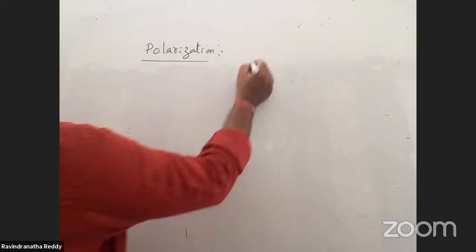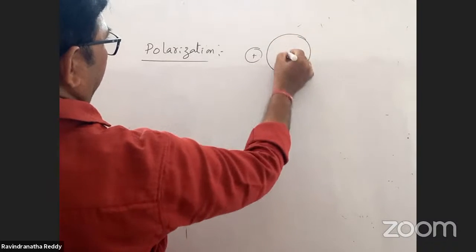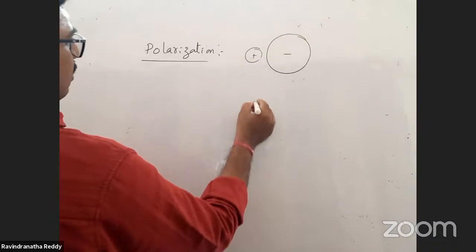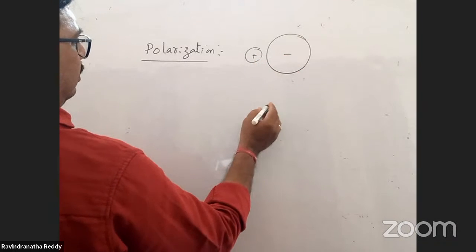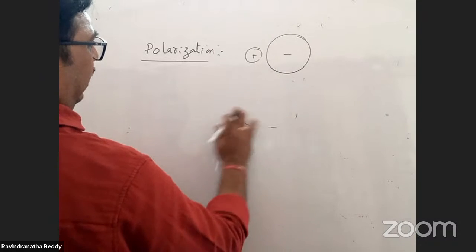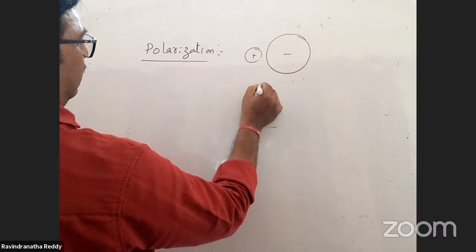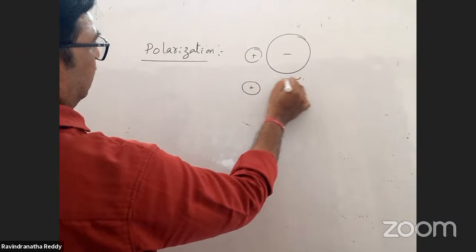The power of the cation to do this is called polarizing power. The cation is very small, the anion is big. In this condition, if there is no dispersion, it is an ionic bond. Wherever there is dispersion, the cation comes nearer to the anion. The cation is also dispersed, but anion dispersion is more.